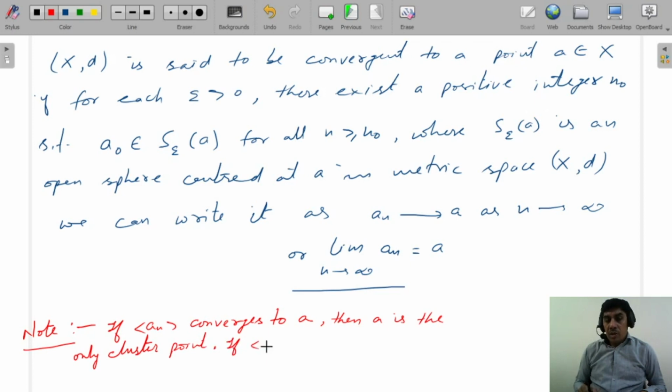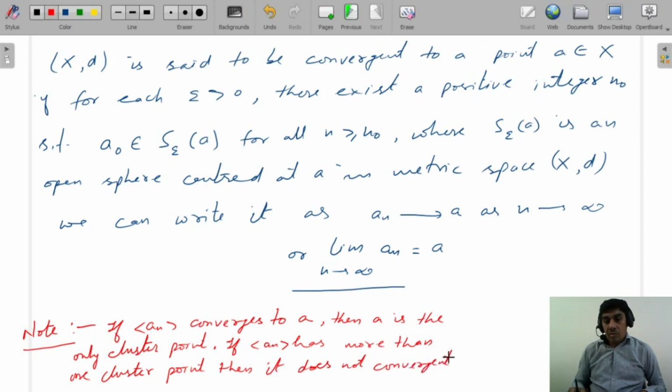If sequence a_n has more than one cluster point, then it does not converge. That means a sequence is a convergent sequence if it has only one cluster point. If the sequence has more than one cluster point, then the sequence is not a convergent sequence.